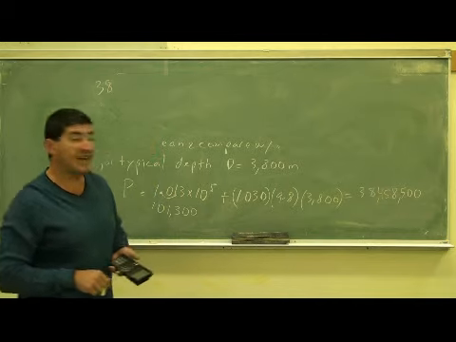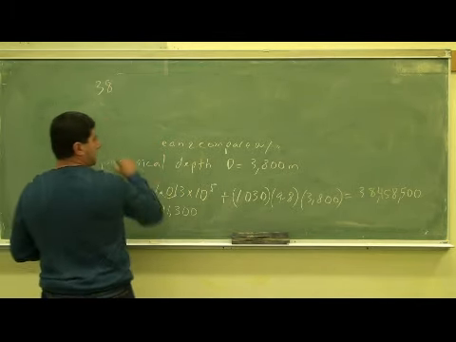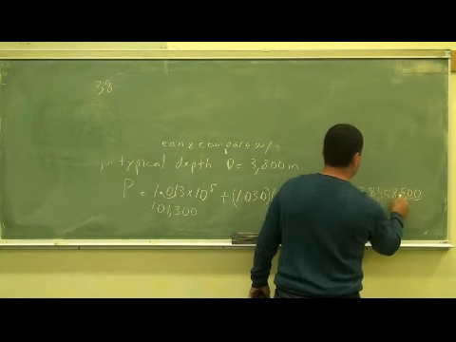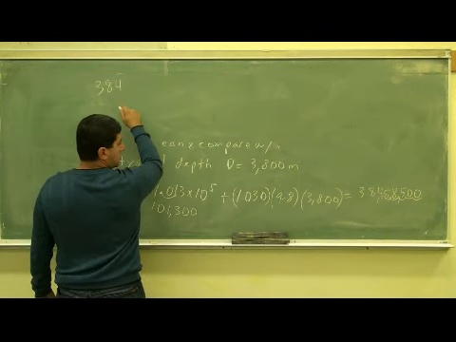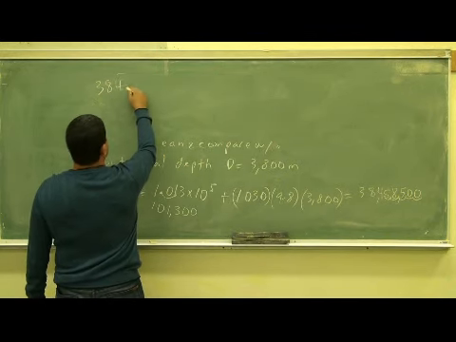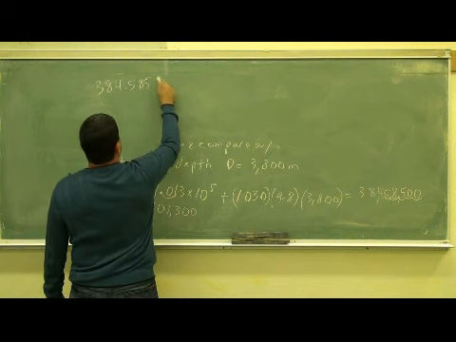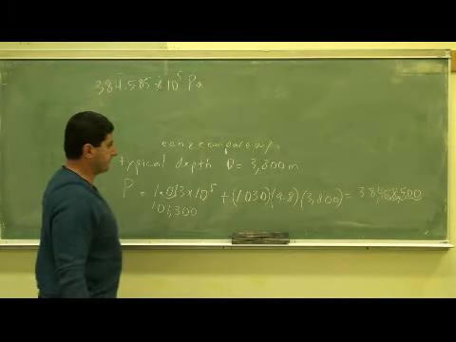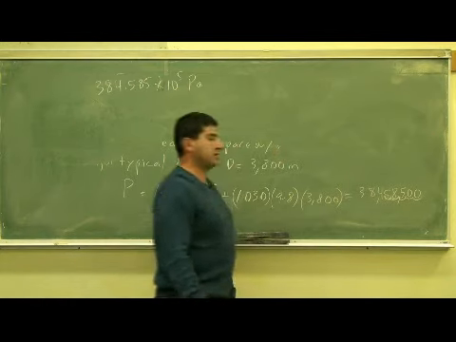So it's about 38 million pascals. In terms of 10 to the 5th, if you go back 5 spaces, you get 384.585 times 10 to the 5th pascals.